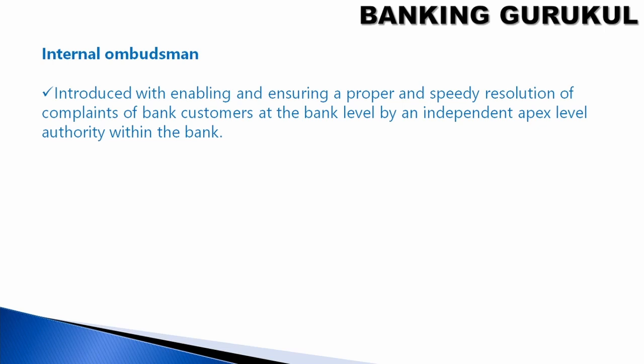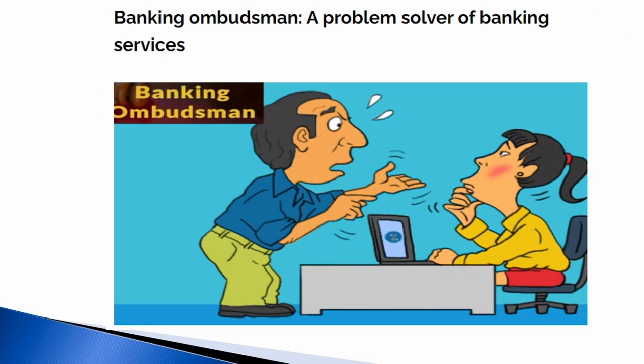So this will be handled by the internal ombudsman at the bank level, an independent apex level authority within the bank. Apex body means it will not be controlled by any bank department. The Banking Ombudsman solves problems of banking service. Whatever problems and issues are raised by the customers will be solved under the Banking Ombudsman.